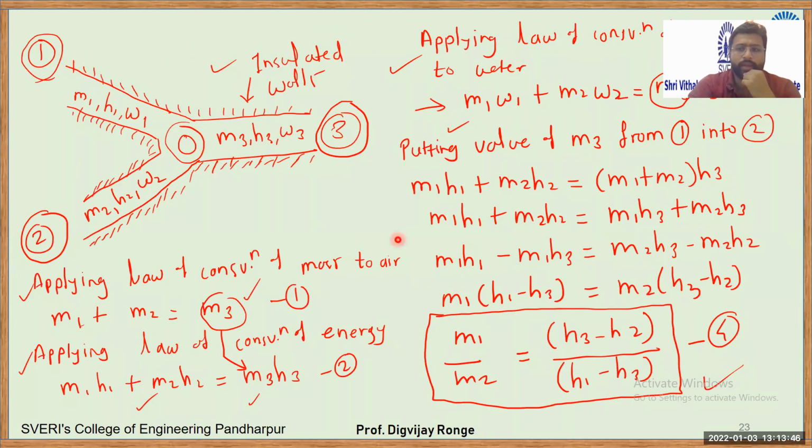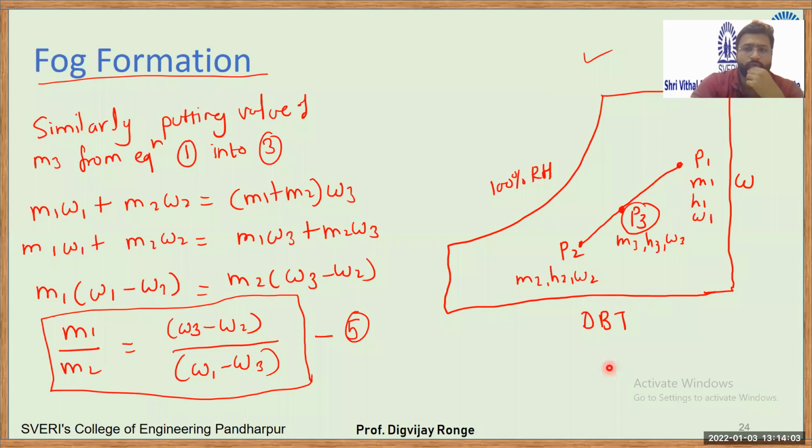So by applying the law of conservation of mass and the law of conservation of energy, we reduce to this form: M1 upon M2 is equal to (H3 minus H2) divided by (H1 minus H3). Okay. Now applying the law of conservation of mass of moisture, we get this equation: M1 upon M2 is equal to (W3 minus W2) divided by (W1 minus W3).